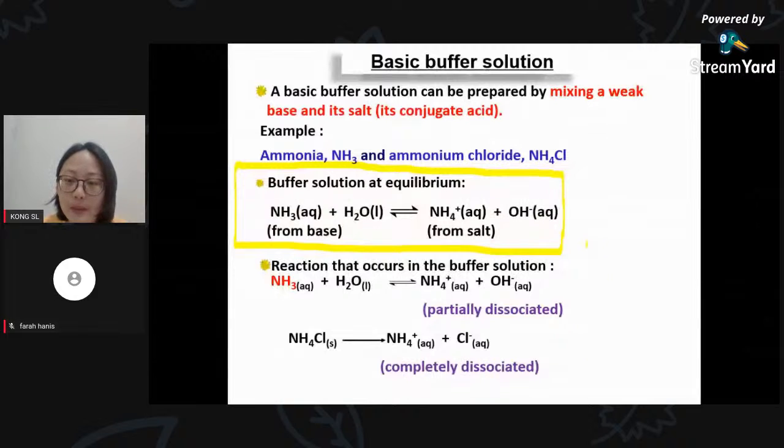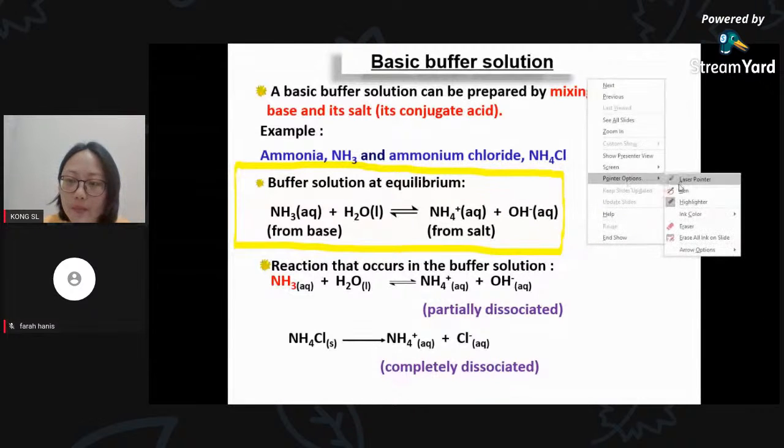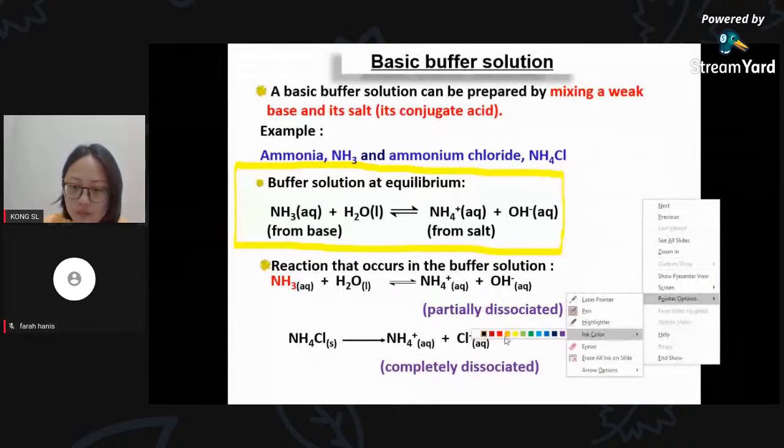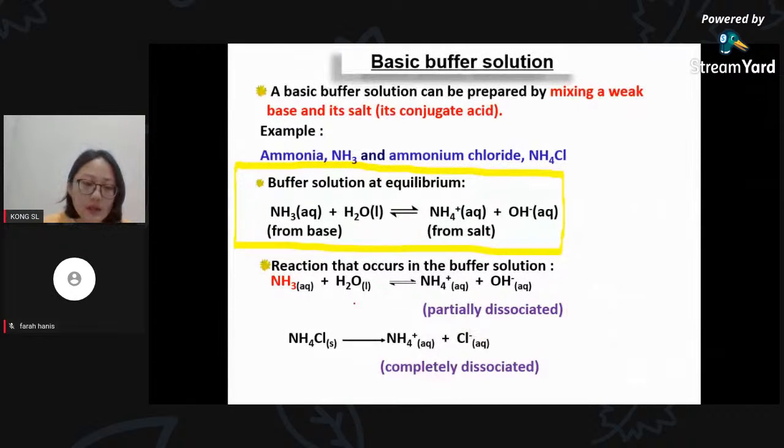For example, based on the question just now, use the red one. The question is when strong base, hydroxide, is added. You check over here.